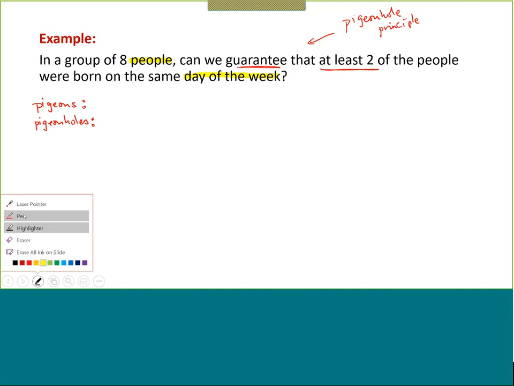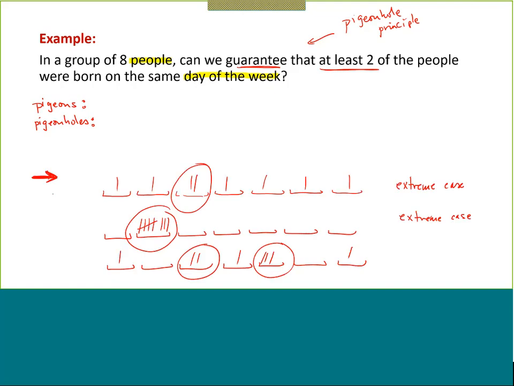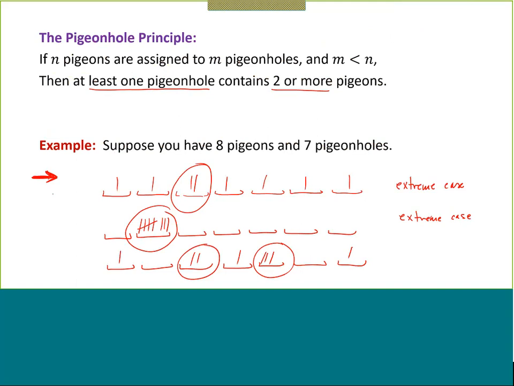So if you look at your people and your days of the week, the question here, of course, is which one should be our pigeons and which one should be our pigeonholes, okay? So the way to distinguish between them is the pigeonholes, and let me go back. The pigeonholes were what? These were set things, and the pigeons got to sit in whichever pigeonhole they wanted to.